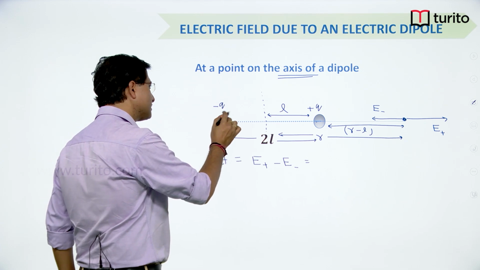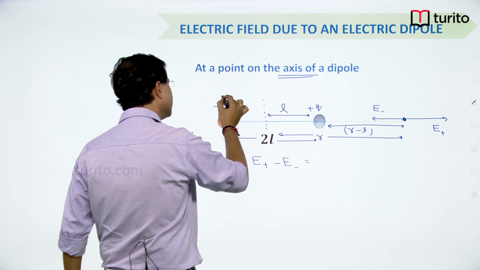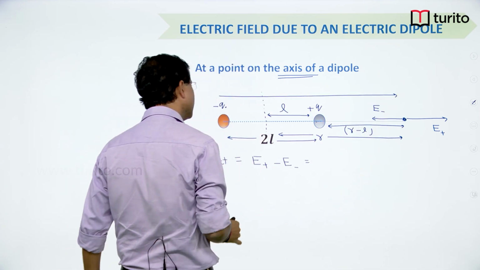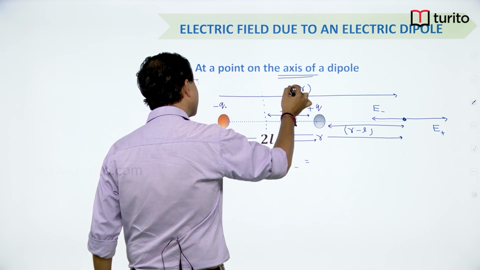And from the negative charge, if this is l and this distance is r, this distance is r plus l.